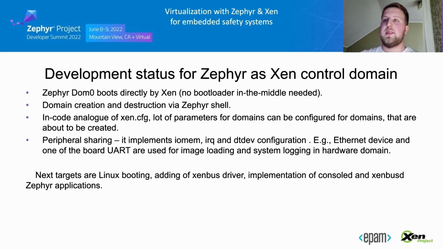So here you can see the brief result of this development. The next development goals are, as I said, the Linux boot, upstreaming of the XenBus driver, and implementation of XenBus and console daemons for the Zephyr control domain.